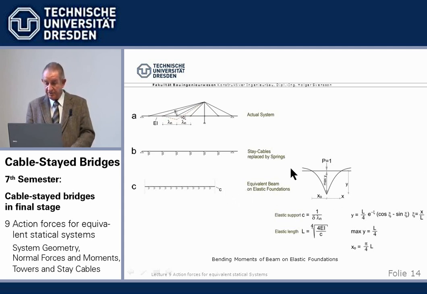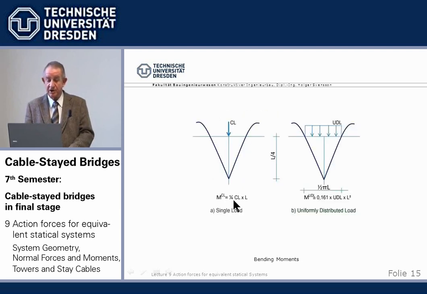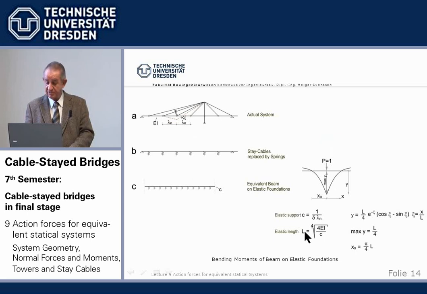And then we know the influence line for a beam on elastic support, you find it in every handbook, runs like this. We need to calculate the deflection here, then the characteristic length, and get the influence line. And if we calculate all that out for a cable stayed bridge, then if we have a concentrated load, track load, the beam moment is 1/4 concentrated load times the elastic length we have calculated here, that parameter.